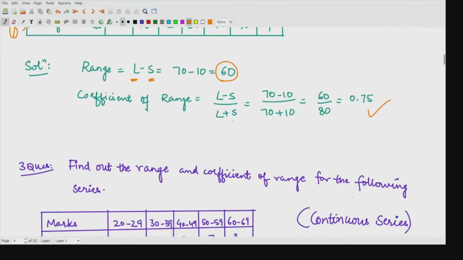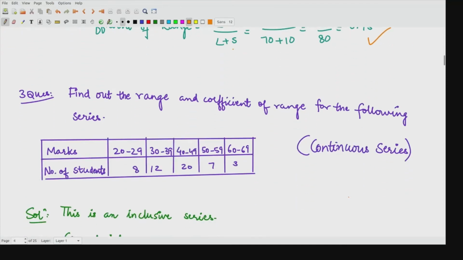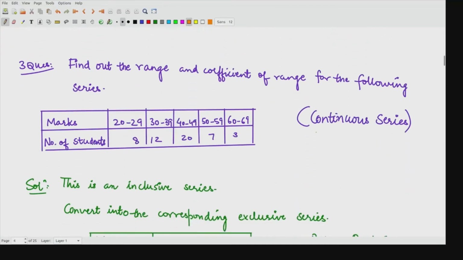And what would be the range and coefficient when your series is continuous type series? That means you are now given class intervals. So here you see we have 20 to 29, then 30 to 39, 40 to 49, 50 to 59, 60 to 69. Now this is an inclusive series.